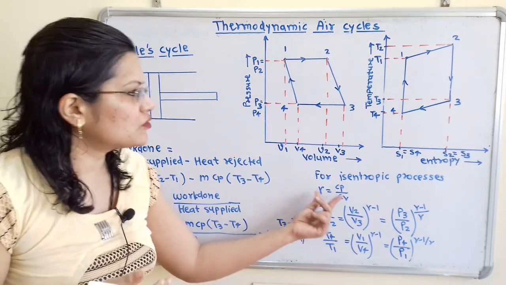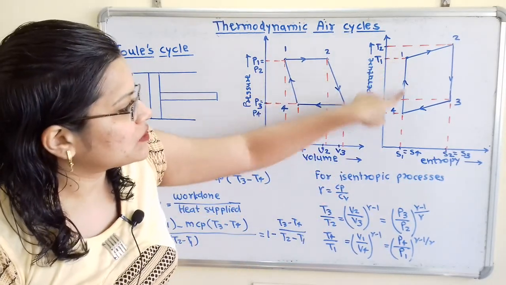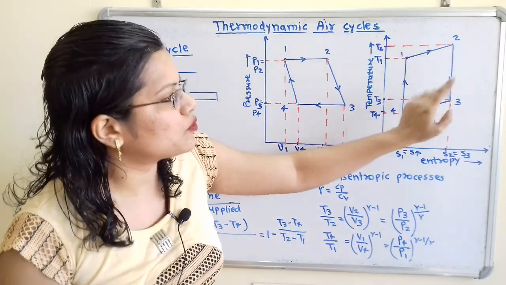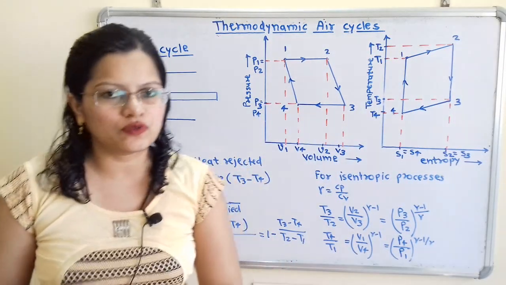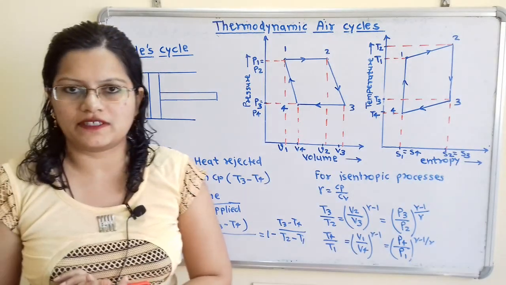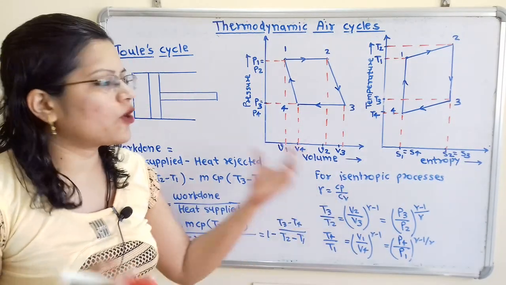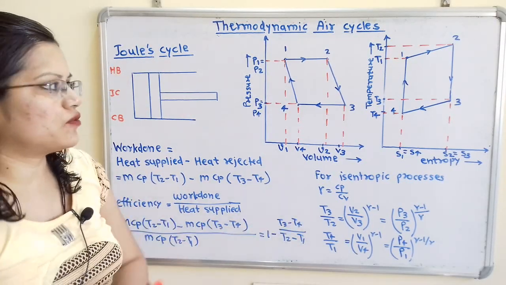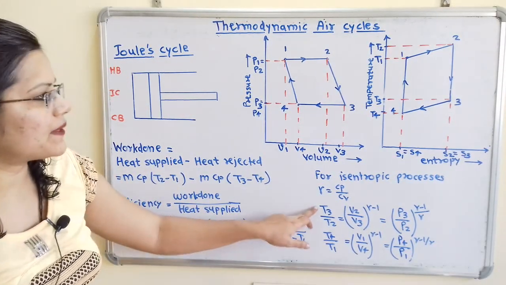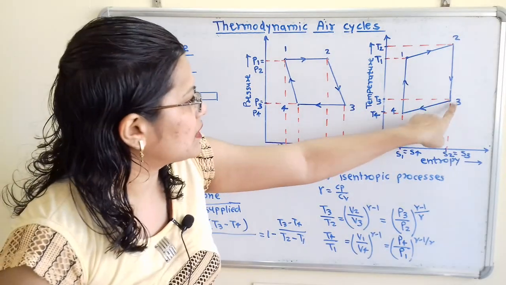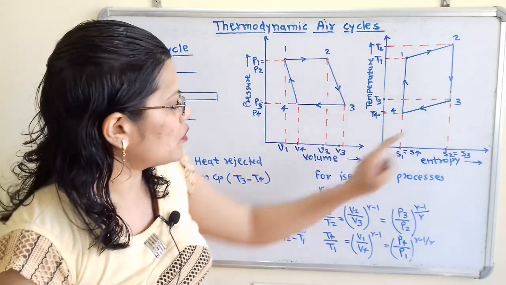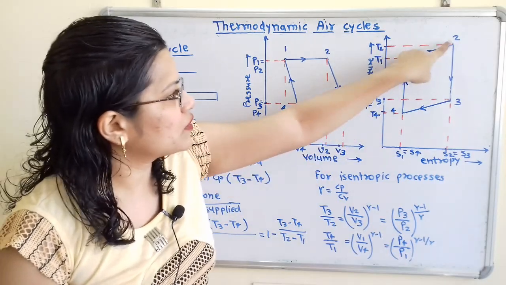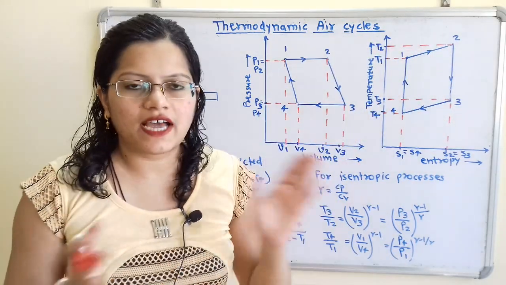This is used only when the process is isentropic, that is during the processes 4 to 1 and 2 to 3. Now we will understand what those formulas are. Here T3 by T2, the temperatures during the process 2 to 3, which is isentropic.